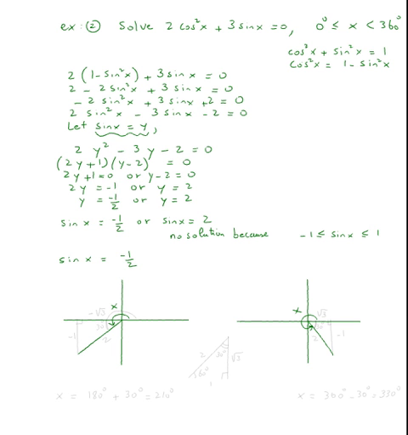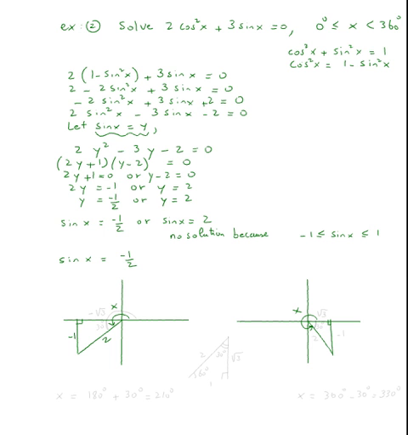Now drawing the reference triangles for each, here is the first one, and here's the second one. 90 degrees here, and these are 90 degrees there. Sine of x is equal to -1/2, means this side is -1 and the hypotenuse is 2.